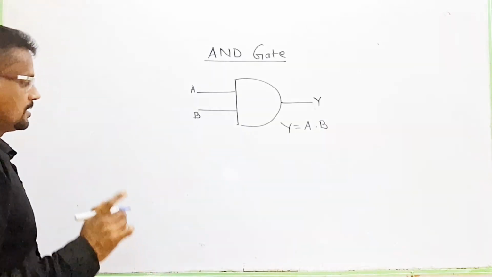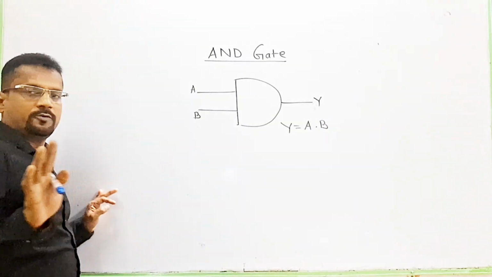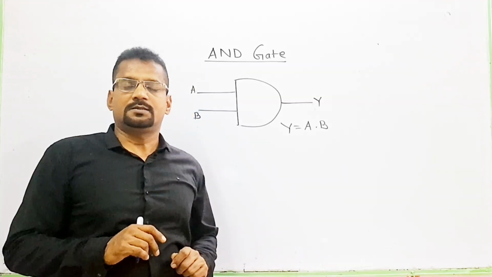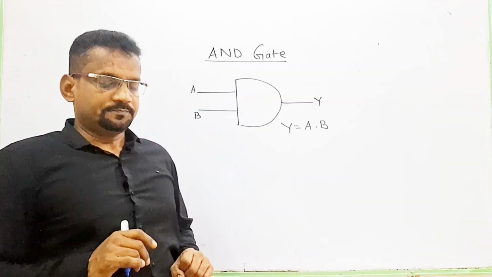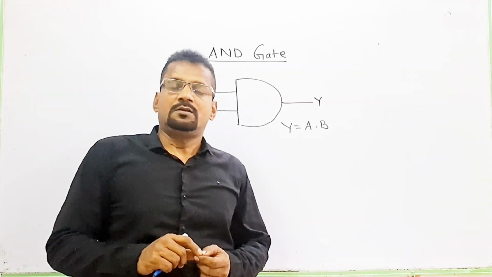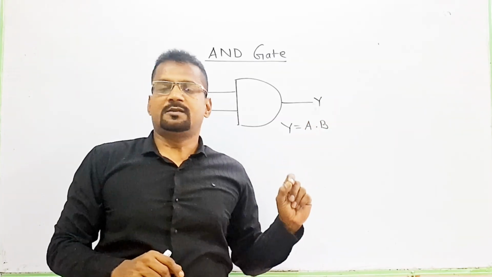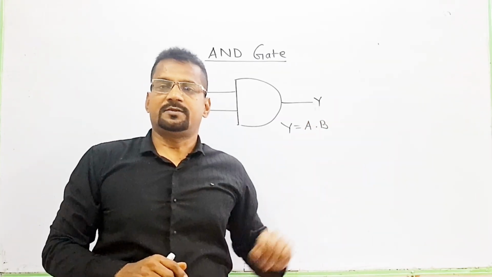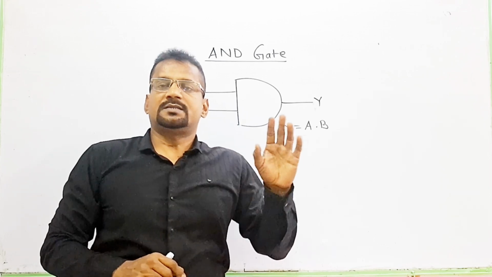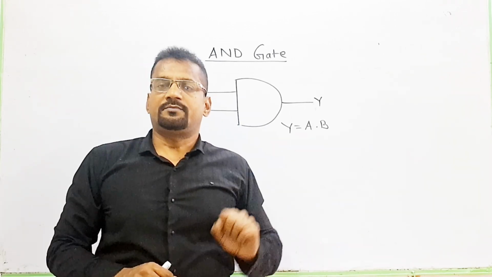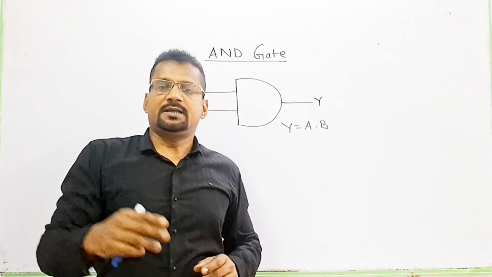Now, second part, we are going to see the truth table of the AND gate. Before that, let me give an example. Consider two statements: the first is 5 is greater than 3, the second is 2 is greater than 5. Definitely the second statement is false.